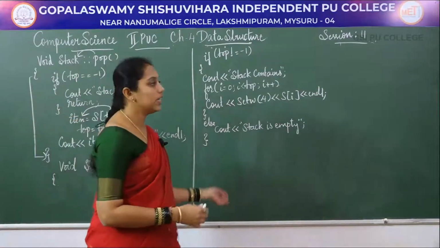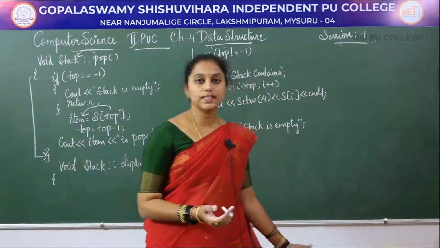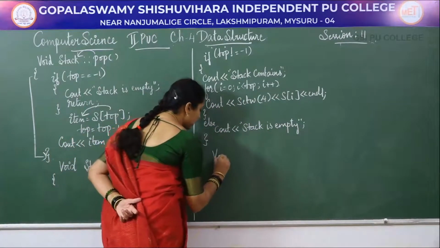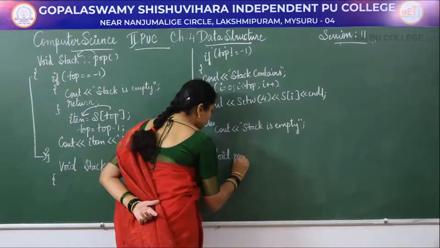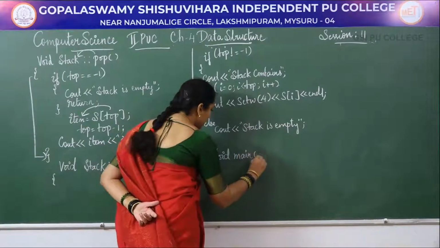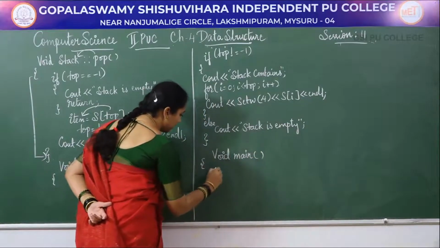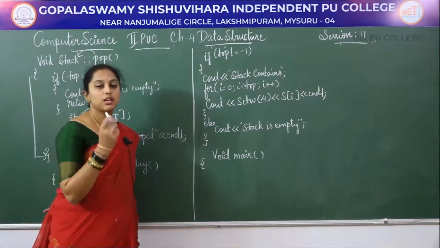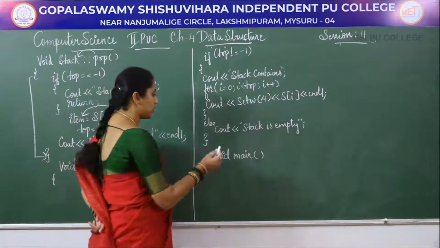Next, I have to create objects for the class called stack. In the main function, I am going to create objects for the class stack. How to create an object? First we write the class name, followed by the object name.